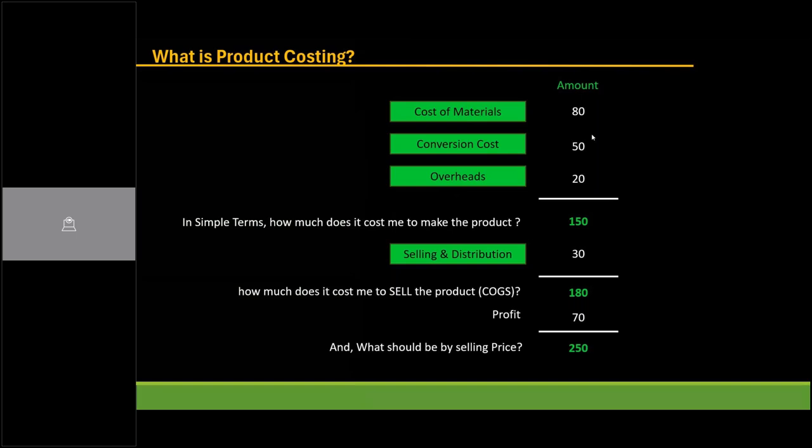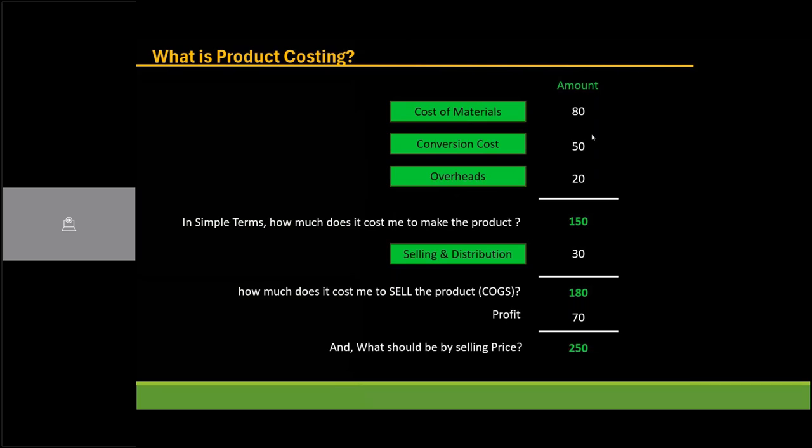Now at this level, when you add cost of materials plus conversion cost plus overheads, what do you get? You get the cost of production or cost of goods manufactured. Clear, right?